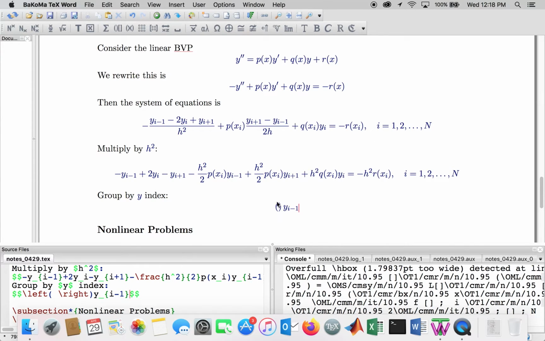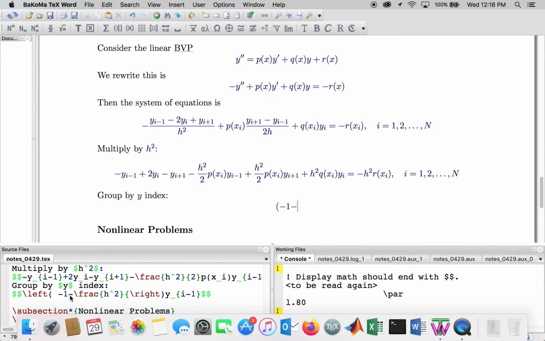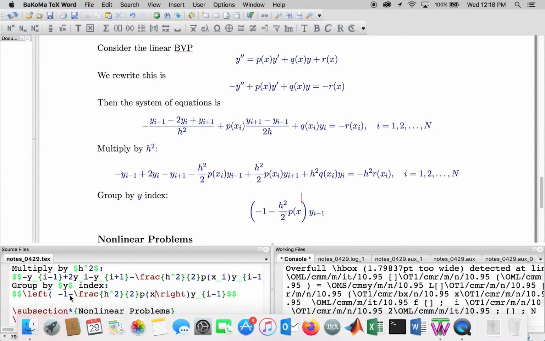What's multiplying y i minus 1 up here? I have a minus 1 from here, and then over here I have minus h squared over 2 p of x i.